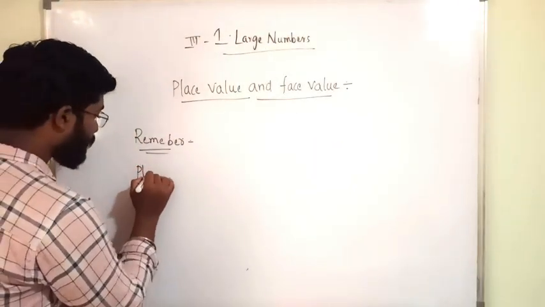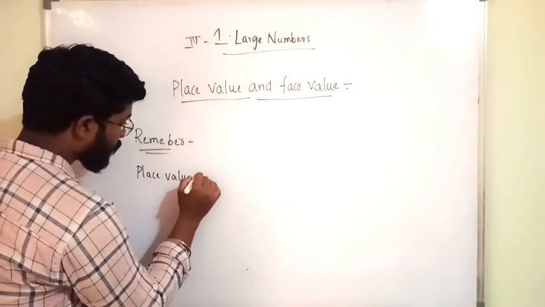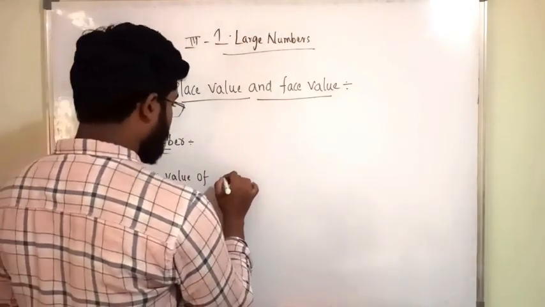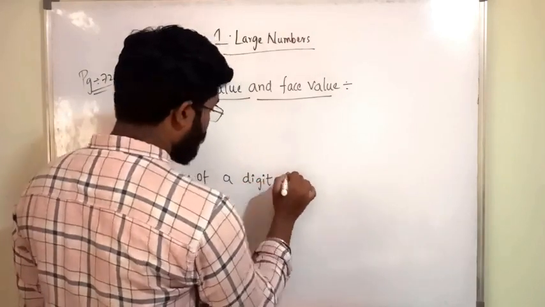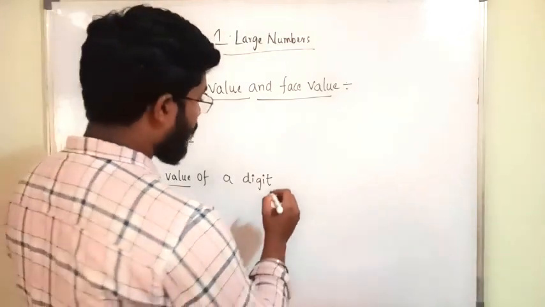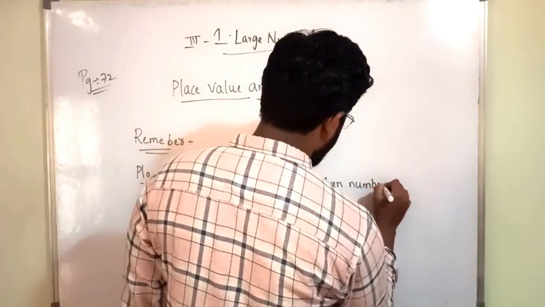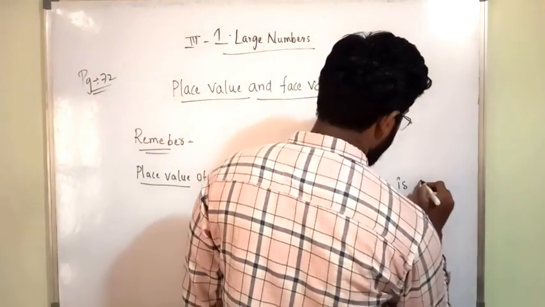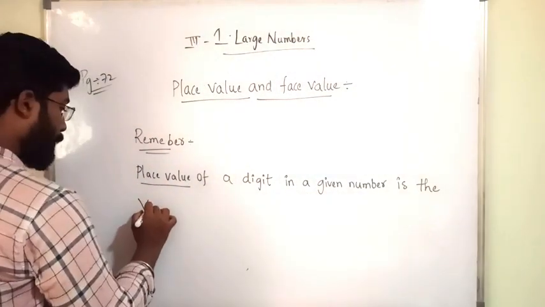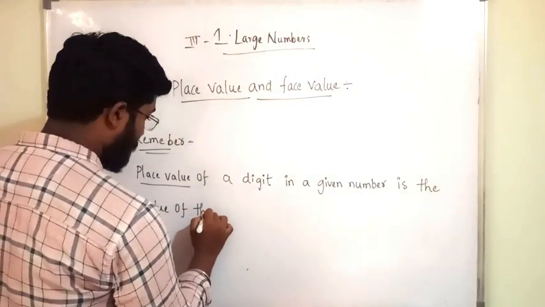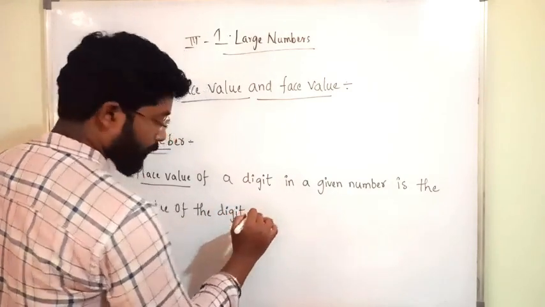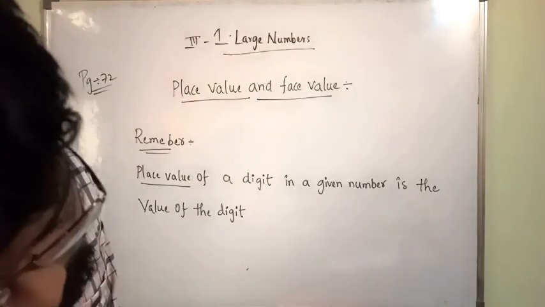Okay, so remember, place value of a digit in a given number is the value of the digit because of its place in the number.